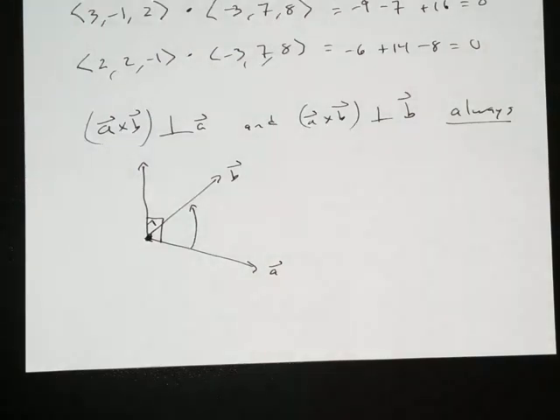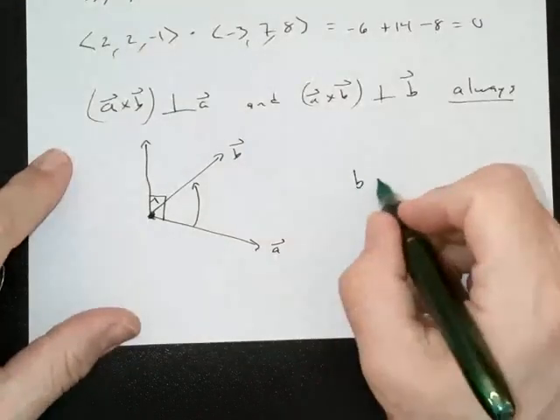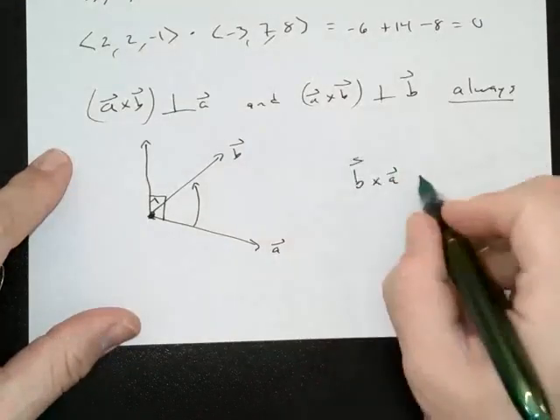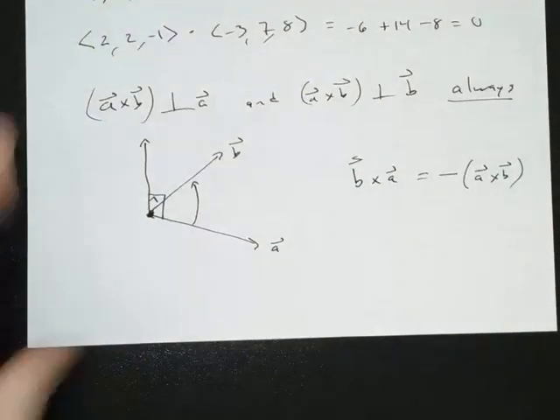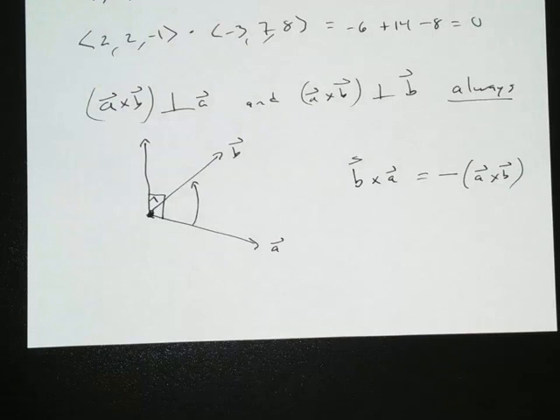Yes, sir. If it was B to A, I'd still use my right hand and it would go down. Wait a minute. Those are pointing in opposite directions, aren't they? A to B and B to A. Turns out that whenever I do that, I get exactly a minus sign.